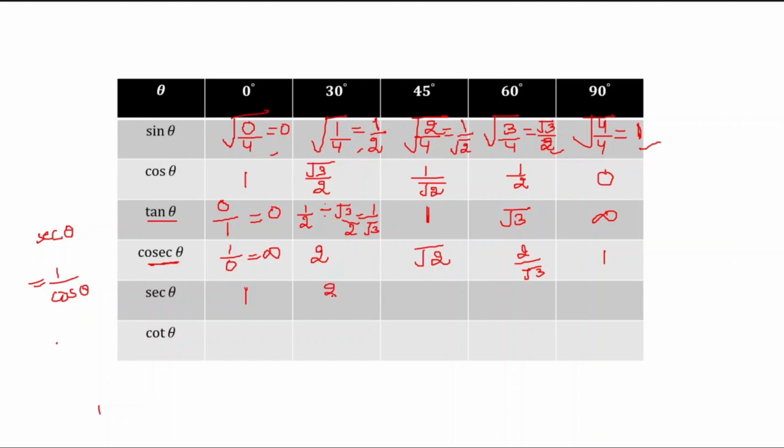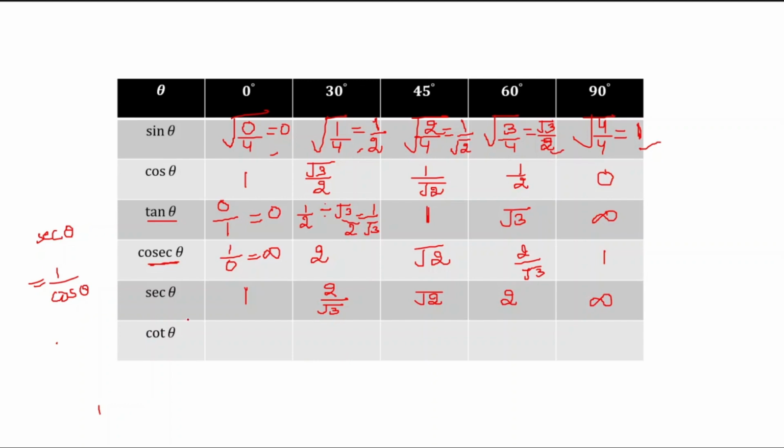For secant theta, just do the reciprocal: your numerator turns into the denominator and the denominator changes into the numerator. Your cos 45 is 1 by root 2, so secant 45 would be root 2 over 1, which is root 2 itself. Your cos 60 is 1 by 2, so secant 60 would be 2 by 1, which is 2. Cos 90 is 0, so secant 90 would be 1 over 0, which is infinity.